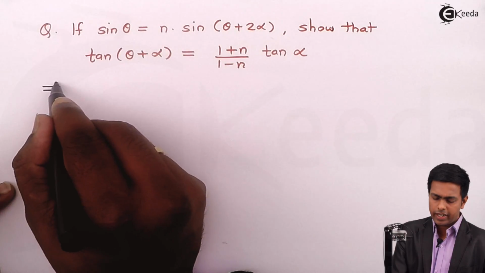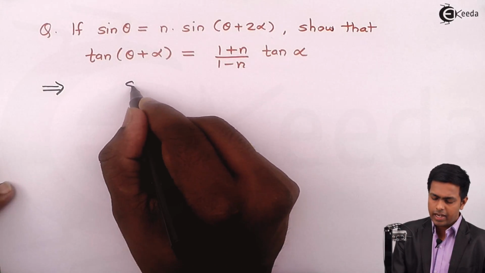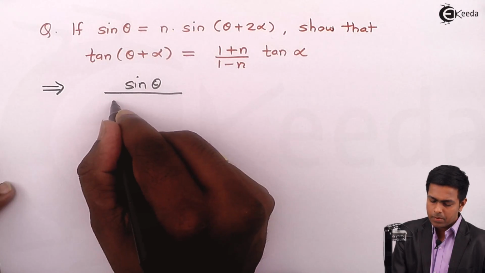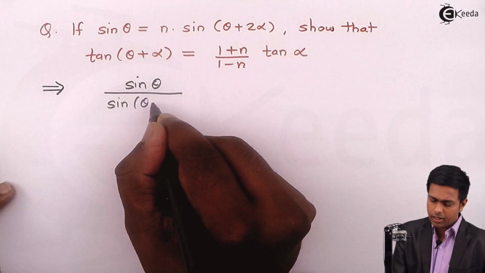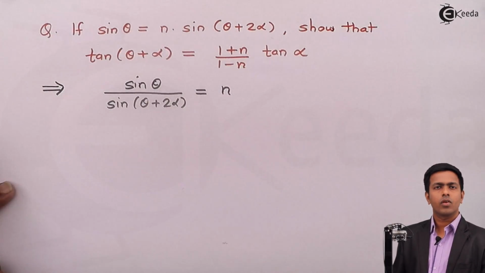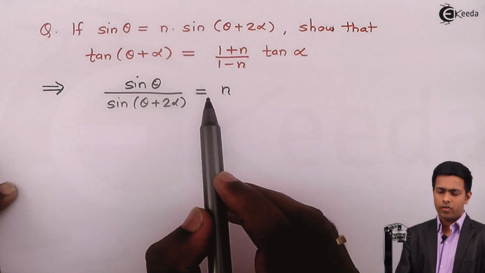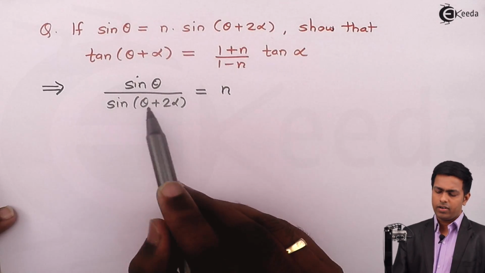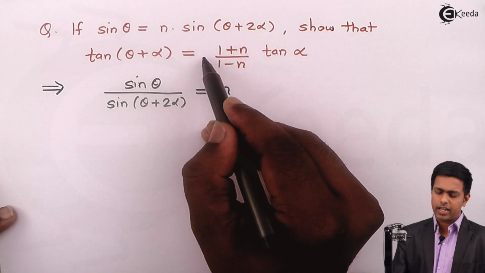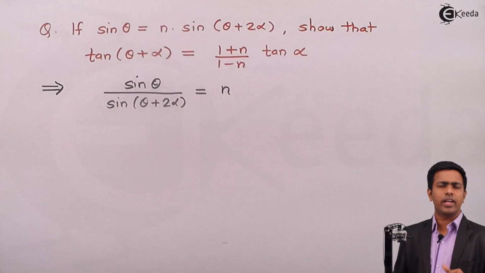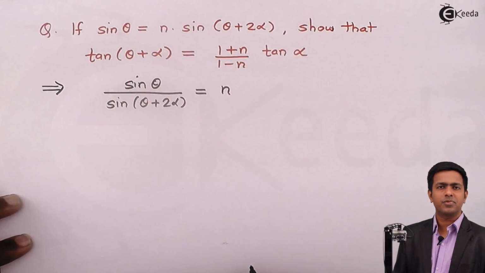So here we can say that sin theta upon sin of theta plus 2 alpha is equal to n. So here we got the value of n. Now using this value of n, we'll find out the value of 1 plus n upon 1 minus n, and by solving it we can get this result. So let's start.